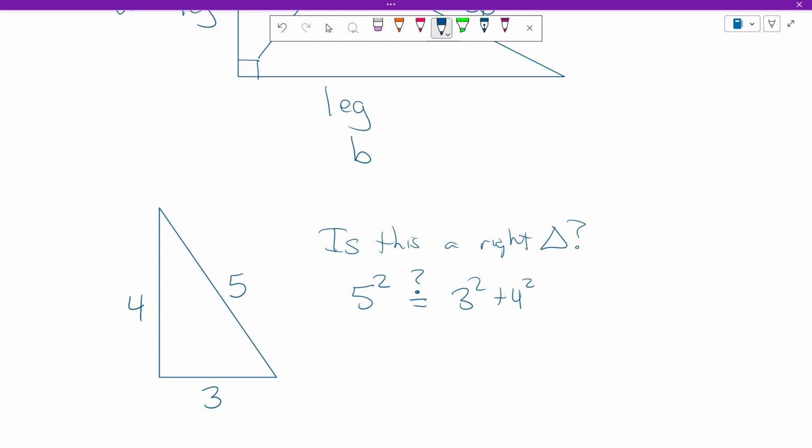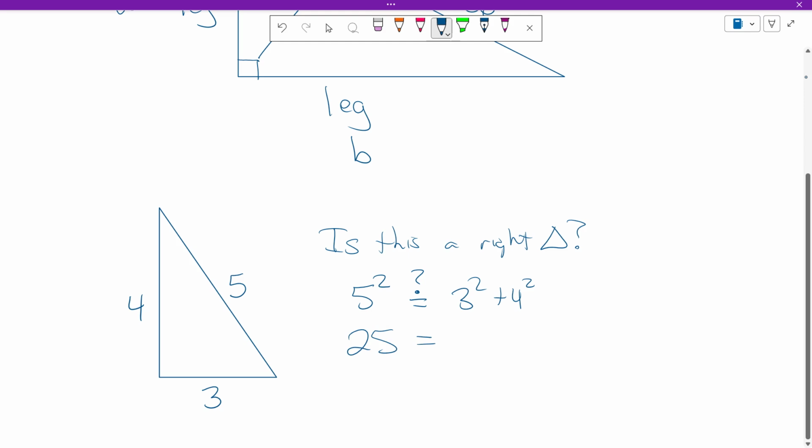Maybe we use math to figure it out before you say yes or no. 5 squared is? Susie, what's 5 times 5? 25. 5 squared is 25.